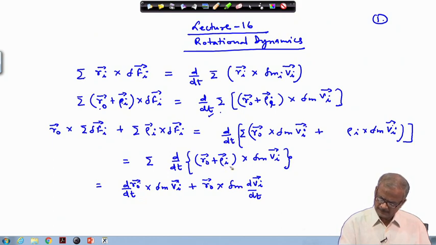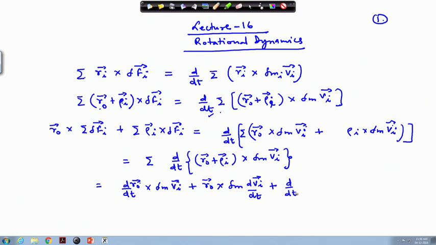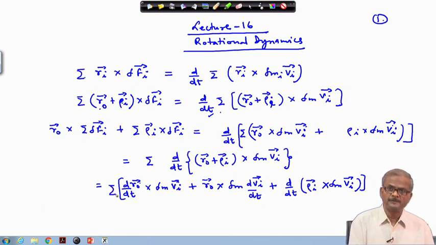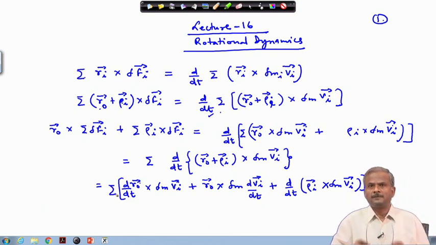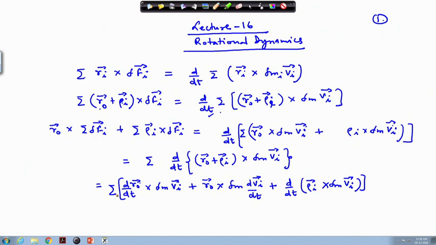Then taking this term, we write it as d by dt of rho_i cross delta m v_i. And then we have to do the summation over all the points.